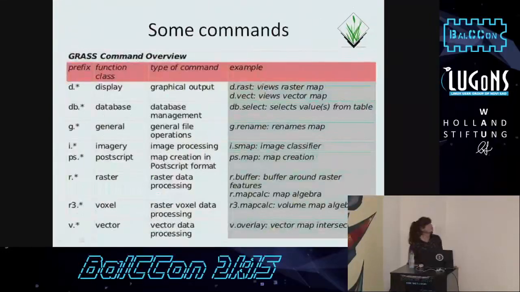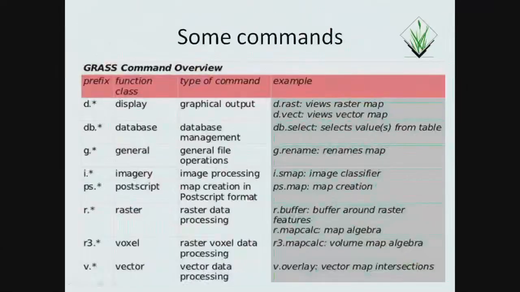These are some commands that we can use in GrassGIS. For example, every one of these commands has a prefix that shows which function it is specialized for. For example, prefix d is used for display functions.